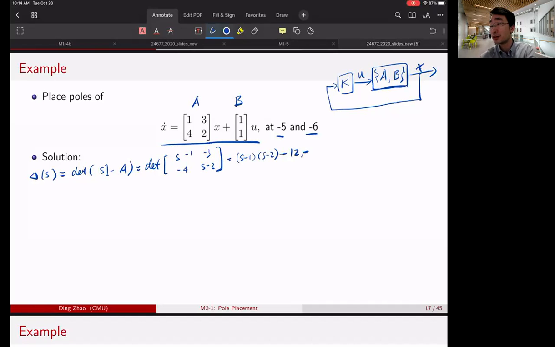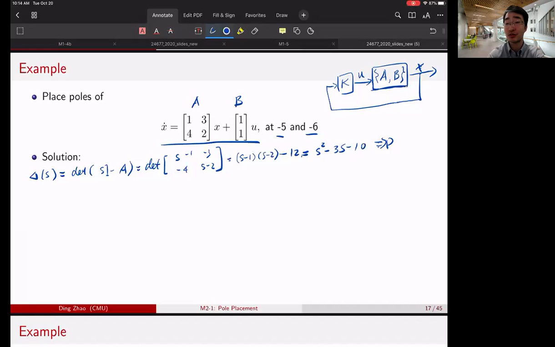So this equals s squared minus 3s, 1 times 2 is 2, so minus 10. So this is what we got, this is our plant's characteristic polynomial.